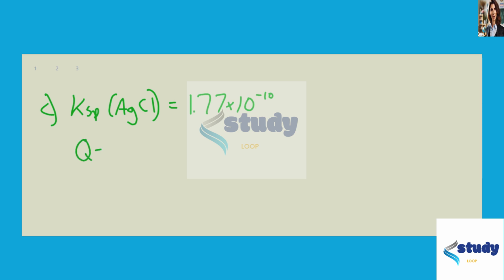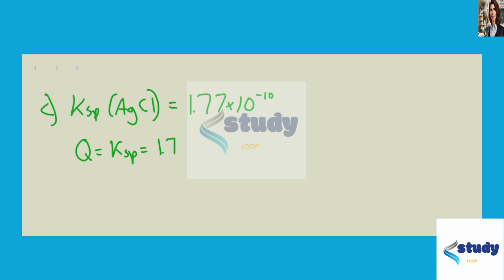And so for the last part, part C, our precipitating compound will be silver chloride, which has a KSP of 1.77 times 10 to the minus 10. We perform the same calculation.